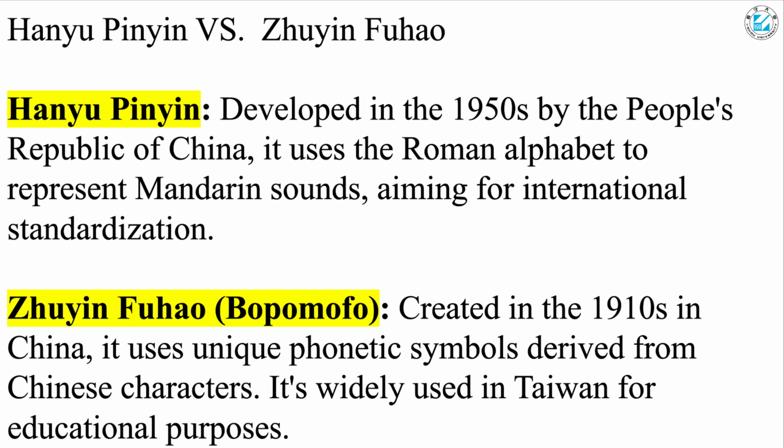汉语拼音 uses the English alphabet, and for b, p, m, f, we have our own specific writing symbols to record the sound. Now, let's have a little bit of comparison between these two systems.